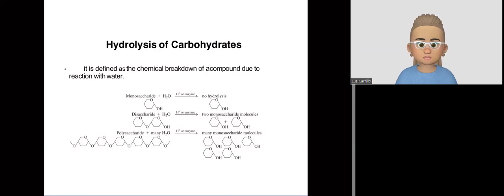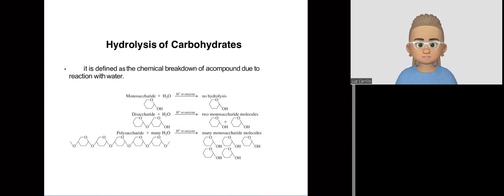Another process that carbohydrates can undergo, and this is actually essential in the body for us to produce energy from these important biomolecules, is through the process of hydrolysis. Now, hydrolysis is defined as the chemical breakdown of a compound due to the reaction with water. So if we look at the word hydrolysis, hydro is because of the water, lysis means to cut.